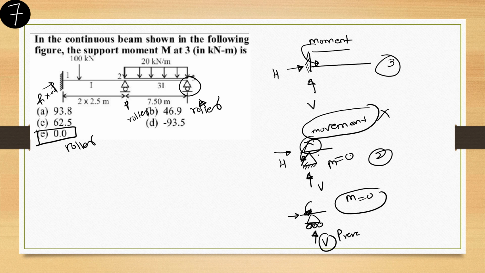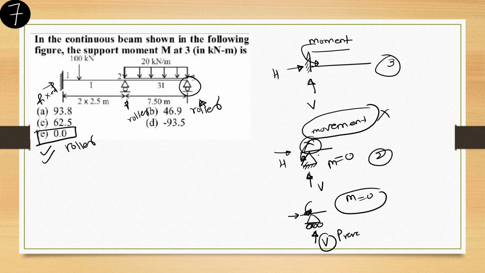That's why the moment value is 0 in case of roller and hinge. But in case of a fixed support, there is a restriction on rotation, so there is a moment value in the fixed support. So option A is correct here.